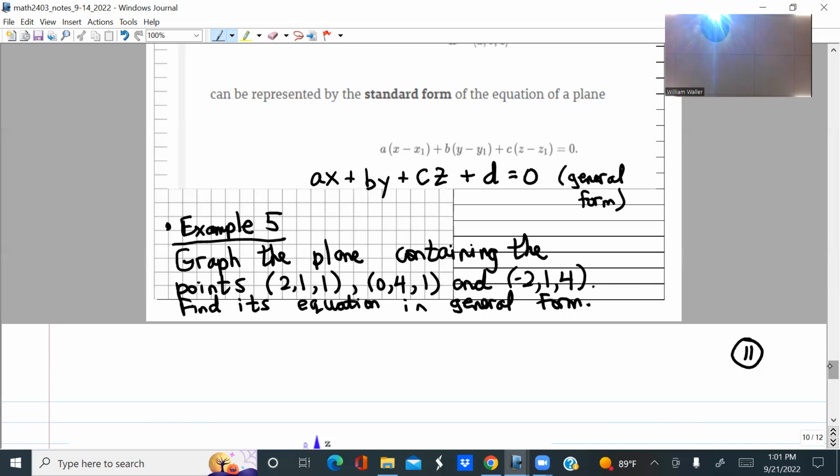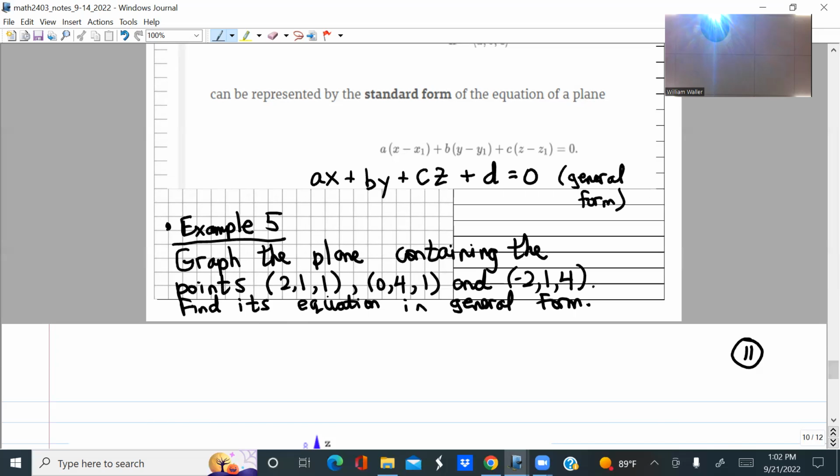Do not make the graph first, okay? In this problem, I'll show you why. You can, okay? That means you have to plot these 3 points, and then you have to try to draw a plane that contains these 3 points, okay? That's not all that hard to do, but let's wait until we write down the equation first, okay?